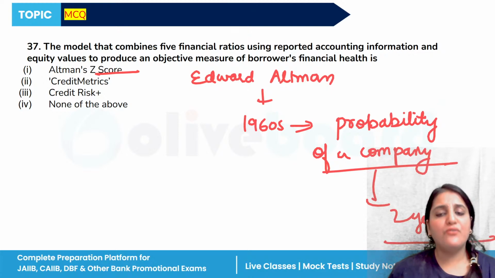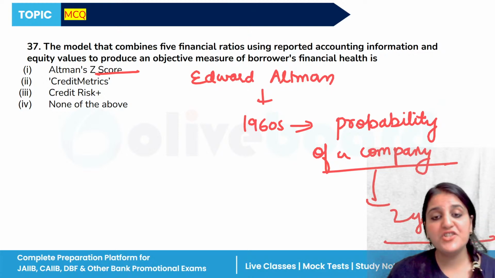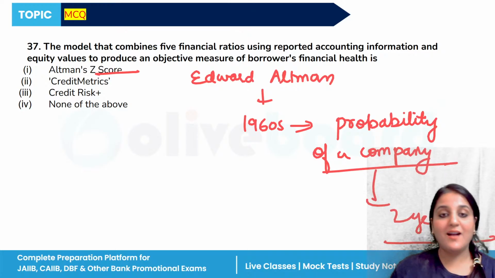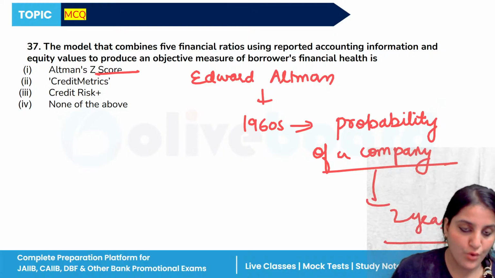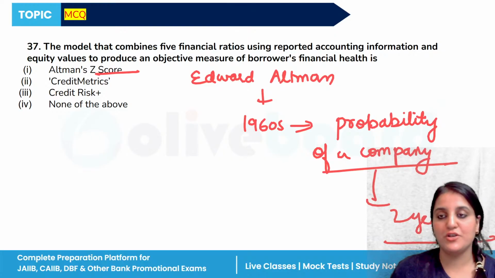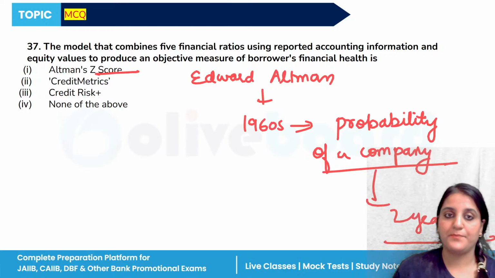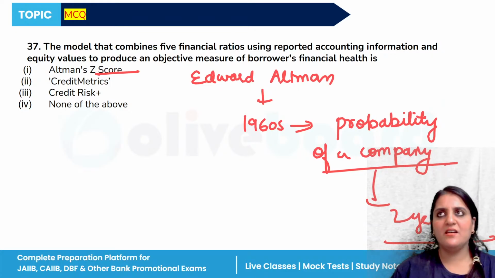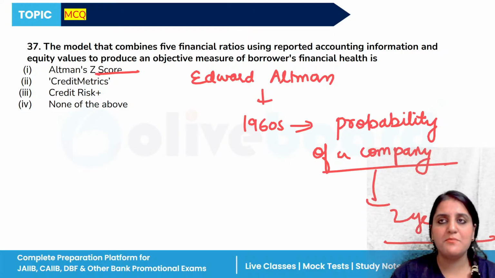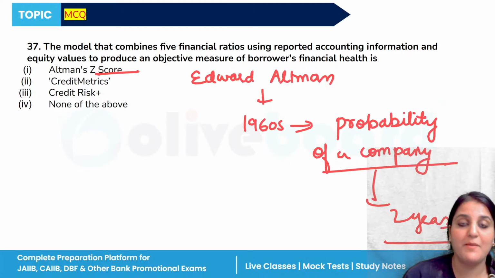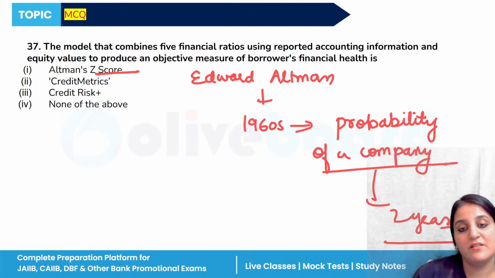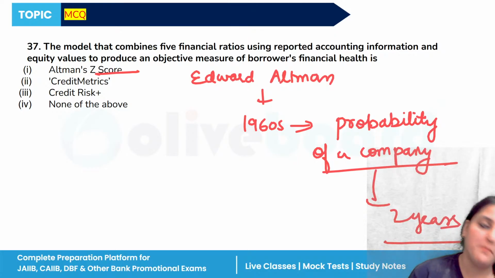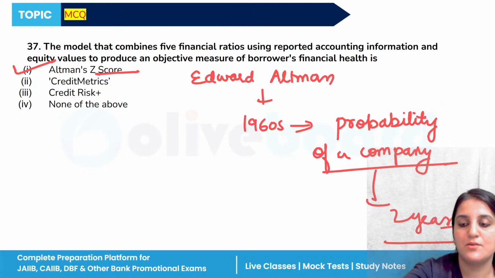It combines five financial ratios derived from the company's reported accounting information into a single score that provides an objective measure of the borrower's financial health. So this is correct here. And CreditMetrics is a model developed by JP Morgan, used to measure the credit risk of a portfolio of loans or bonds. So here the correct answer is option A, that is Altman's Z score.